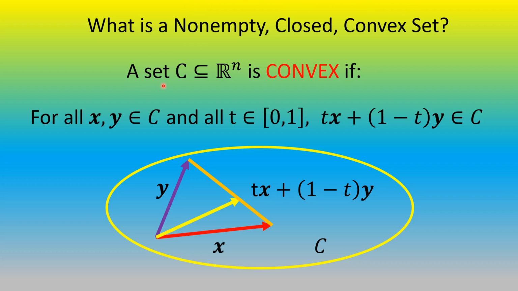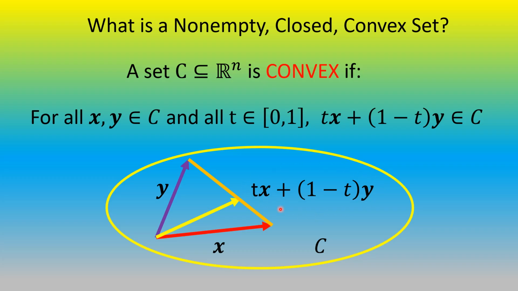Well, a set C, which is a subset of Rn, is convex if, for all x, y as a member of C and all t within 0 to 1 inclusive, t times x plus 1 minus t times y is a member of C. That basically means this orange line segment over here that connects x and y, the equation for that is this.